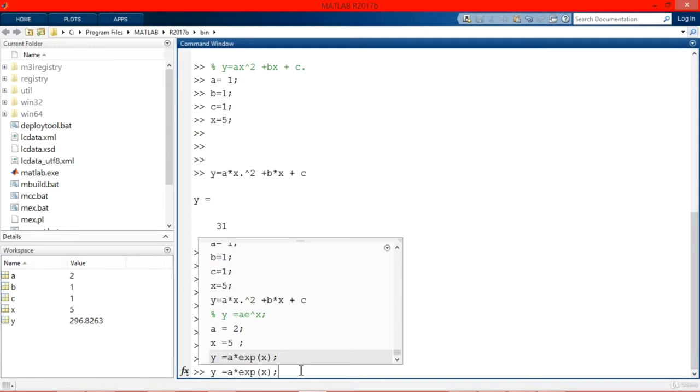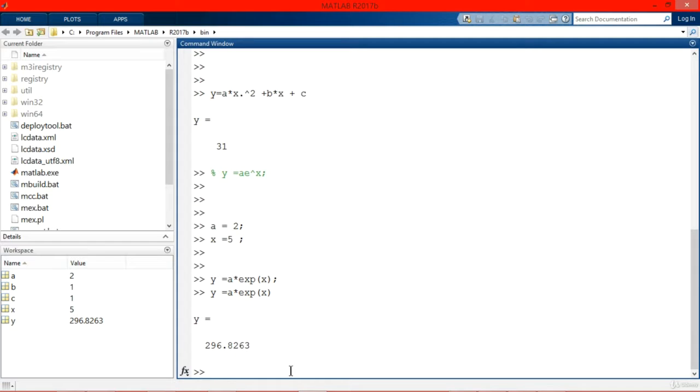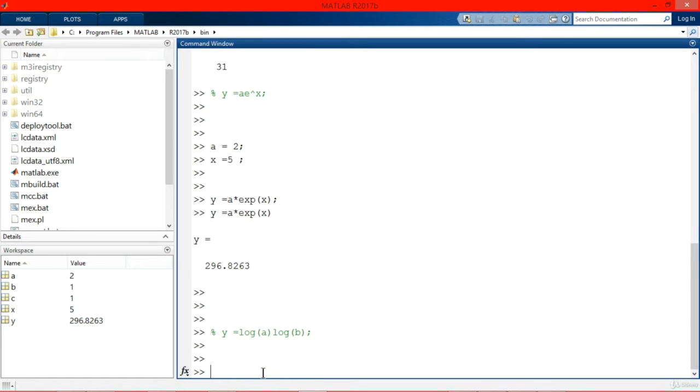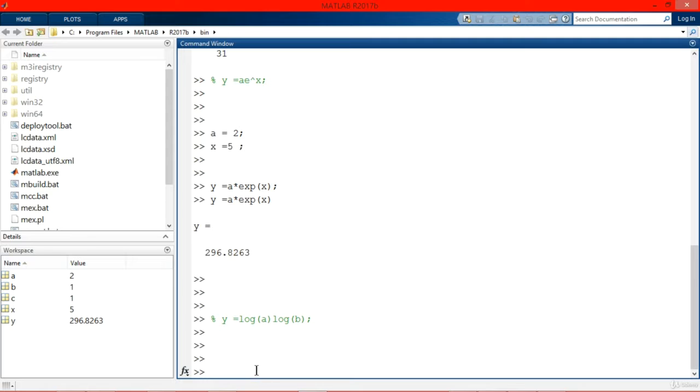and press enter. Now last equation is logarithmic equations, and logarithmic equation is an equation that involves the logarithm of an expression containing a variable. So equation to solve is this in comments, and we have two logs, common log and natural log.